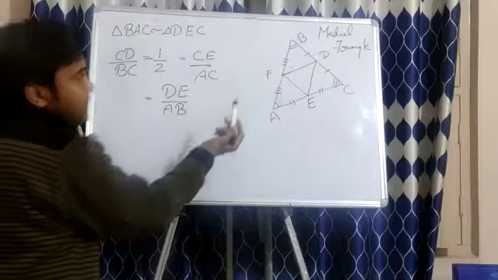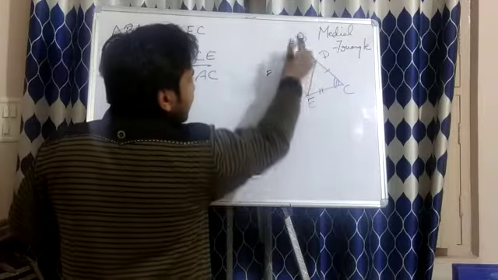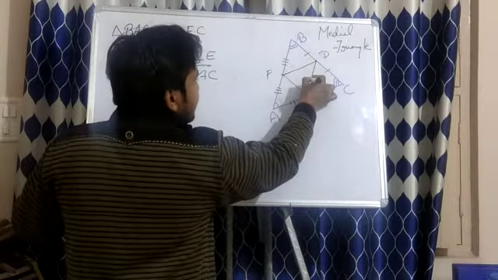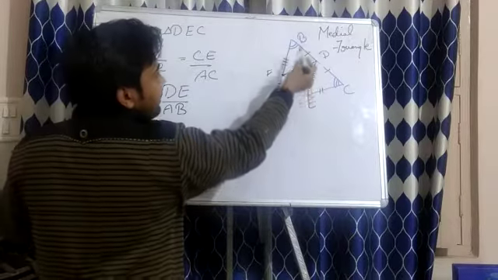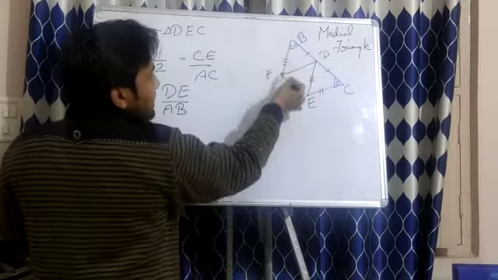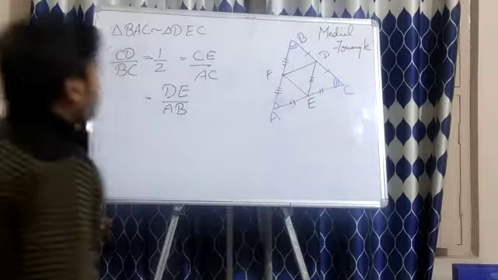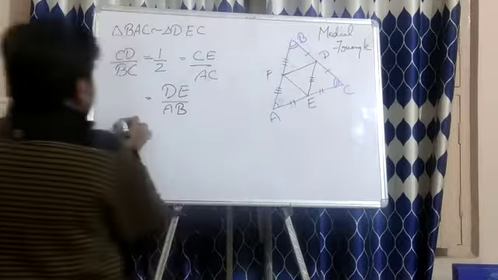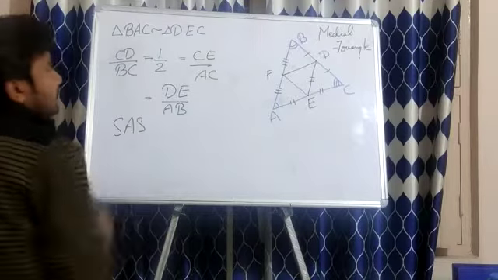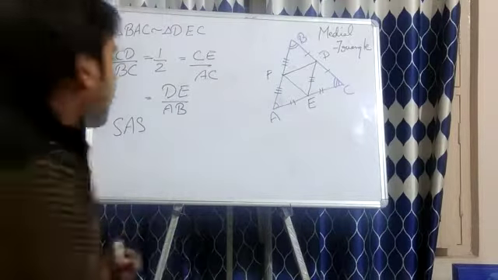DB is half of AB. Therefore DE will be equal to DB, which is equal to either BF or FA. Now this is what we have got through side angle side similarity.